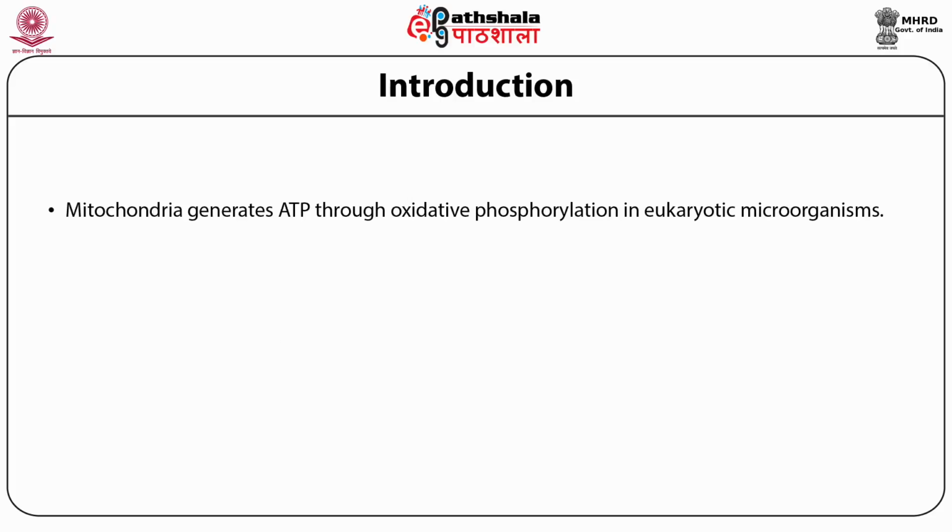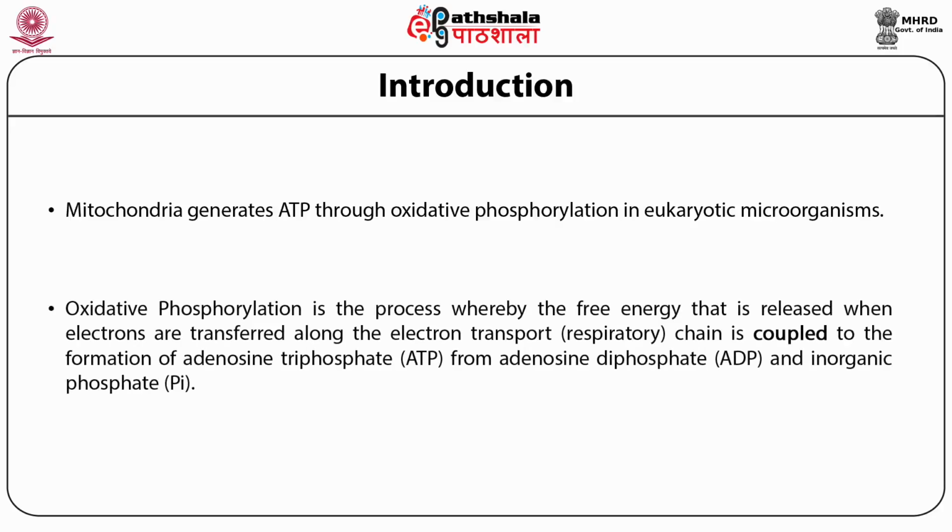Mitochondria generate adenosine triphosphate through oxidative phosphorylation in eukaryotic microorganisms. But prokaryotes do not have mitochondria. These steps are carried out in the plasma membrane. Oxidative phosphorylation is the process whereby free energy released when electrons are transferred along the electron transport chain is coupled to the formation of adenosine triphosphate from adenosine diphosphate and inorganic phosphate.